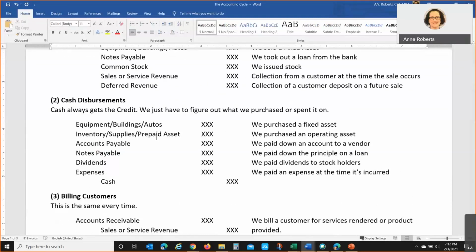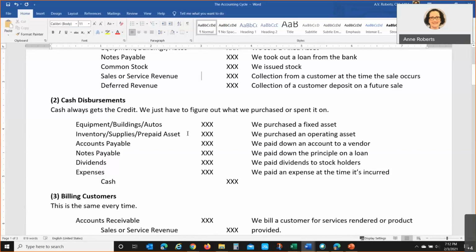When you're talking about prepaid insurance, prepaid advertising, or prepaid rent, we're paying those things in advance of their use. So when we pay them in advance, we book the asset.